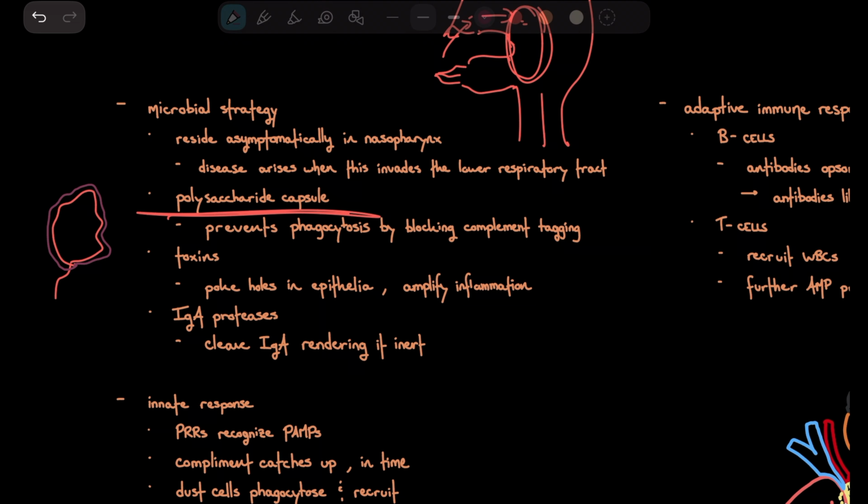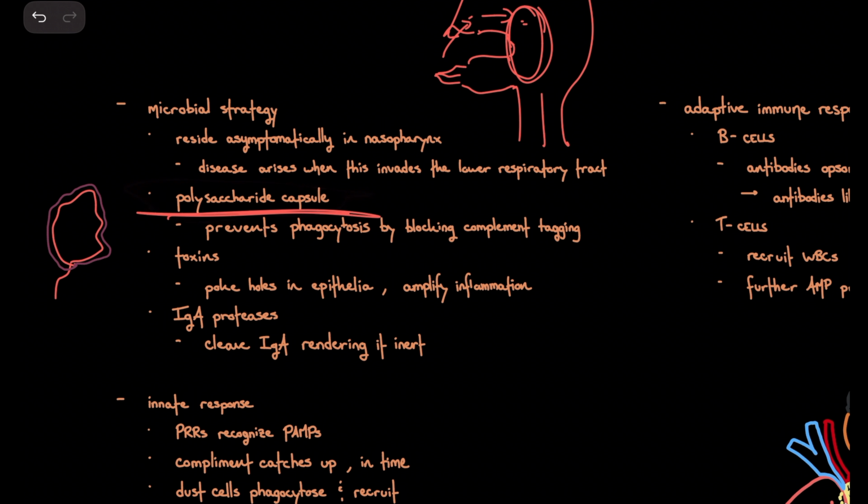What's cool about this is, since we have discovered this, and a lot of bacteria actually use this polysaccharide capsule as a means of evasion, many vaccines are targeted at polysaccharide capsules, as opposed to a specific spike protein or a specific part of a bacteria. We take the PAMP and DAMP approach of realizing that a lot of these microbes have this defense, so a lot of vaccines target this concept, which is kind of cool.